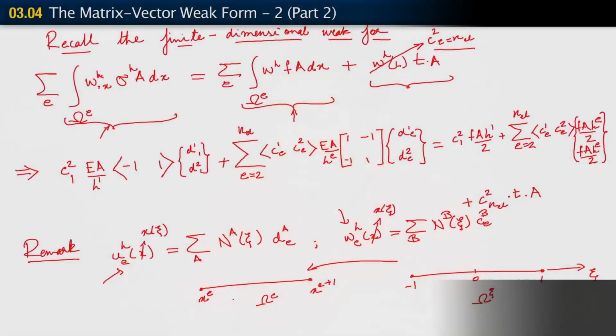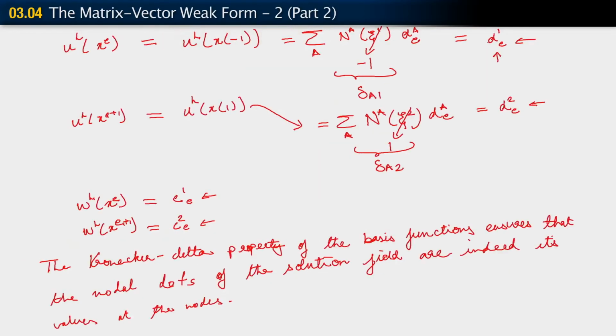I needed to say all of this because it is what we are using here, in particular to make this identification of w^h at L being equal to c_2 for element NEL. And this is the reason we're able to do that.